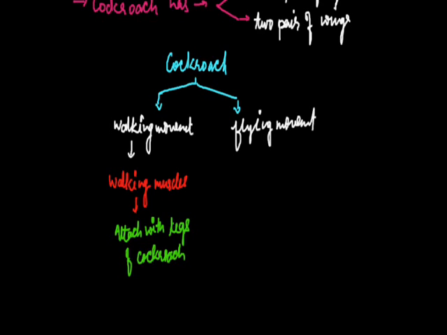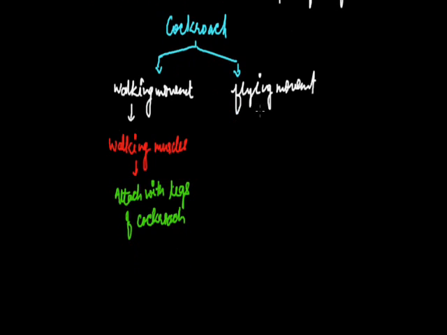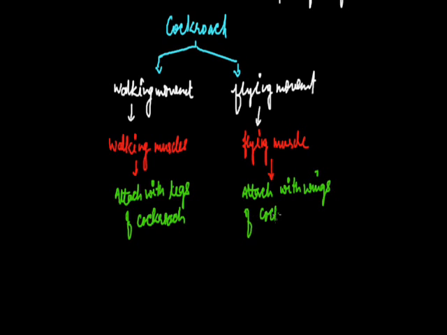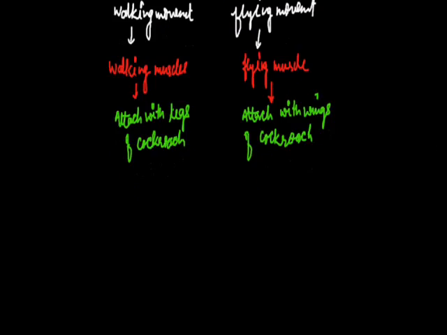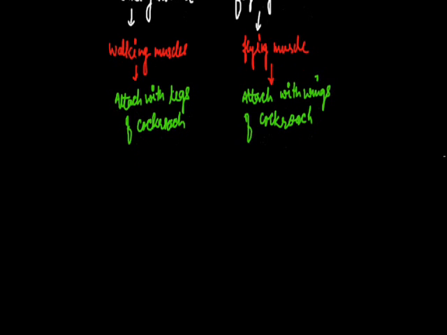While flying movement occurs with the help of flying muscles, and flying muscles attach with wings of cockroach. Now by the contraction and relaxation of muscles of legs and muscles of wings, movement is possible in cockroach.